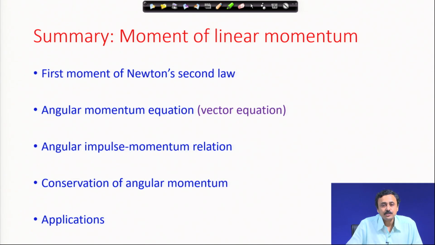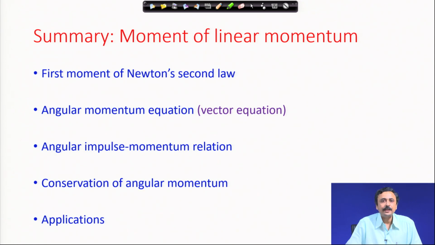So, to summarize, we started off by taking the first moment of Newton's second law and defined a quantity called angular momentum, which is the moment of linear momentum. This angular momentum equation once again is a vector equation.